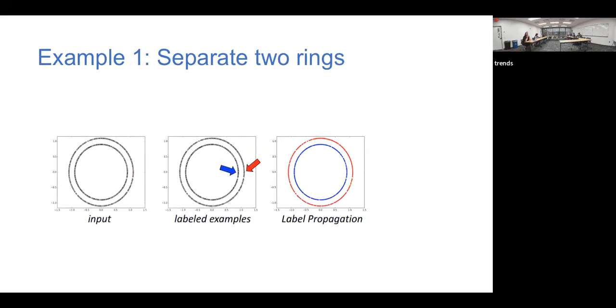Let's see what it does in practice, with two examples. First, suppose the points are organized in two circles, and we have two labeled points, one white on the outer circle and one blue on the inner circle. We run the algorithm, and it classifies the circles correctly, as the picture illustrates.